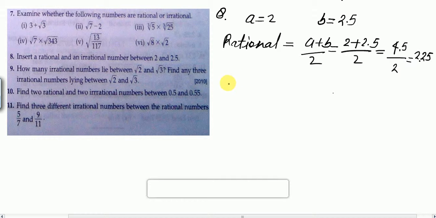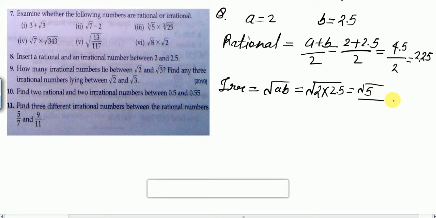And the irrational number is under root of ab. So under root of 2 into 2.5, and after multiplication you get 5, so under root 5 is irrational because 5 is not a perfect square.